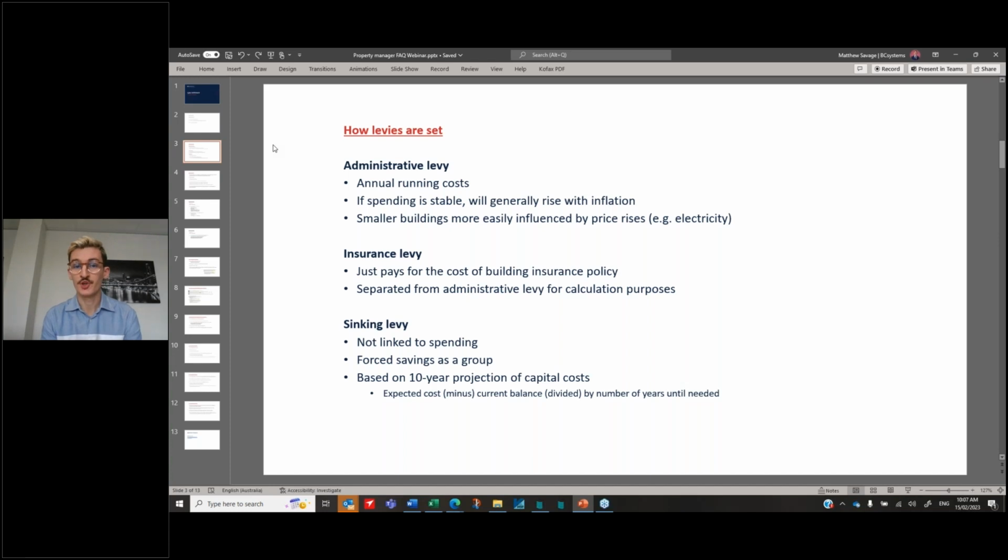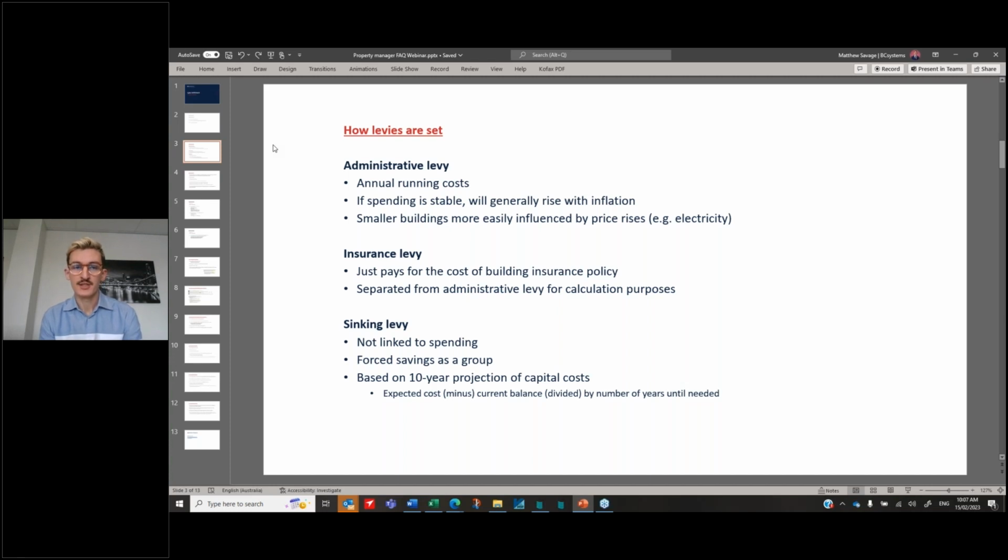So everything the body corporate purchases or all of the services that the body corporate takes out generally rise in cost year on year. So when owners see their administrative fund levy increasing, 3%, 5%, that doesn't mean the body corporate is going crazy and wasting their money. It just means that the things that the body corporate is purchasing and providing to the site have risen in cost in line with the general economy. So it is normal for administrative fund levies to rise generally with inflation.